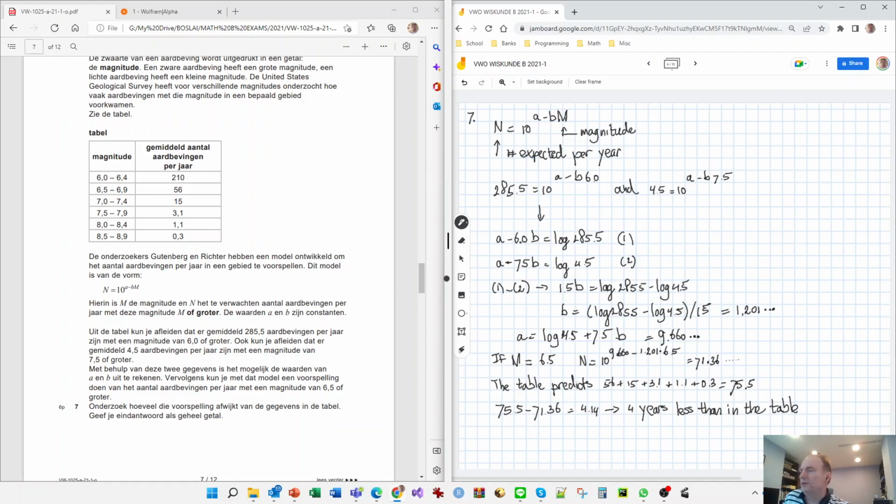Okay, so what's the difference between the two? Well, it's 4.14. And as a whole number, that's 4 less than in the table. Not 4 years, sorry.